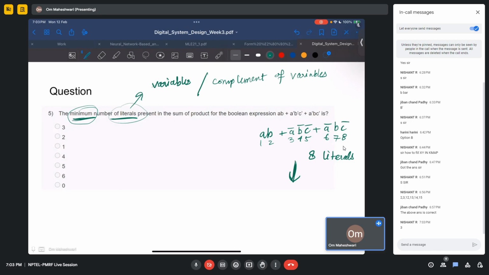While you are giving your answer, you can also write what you are getting as your minimum. What is the minimized form? Please write that also.